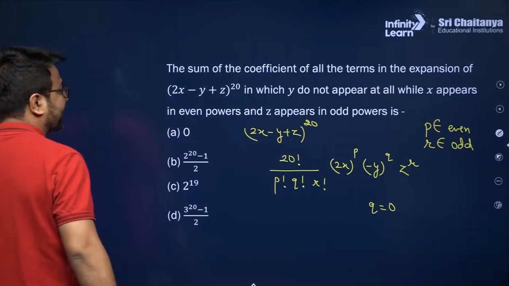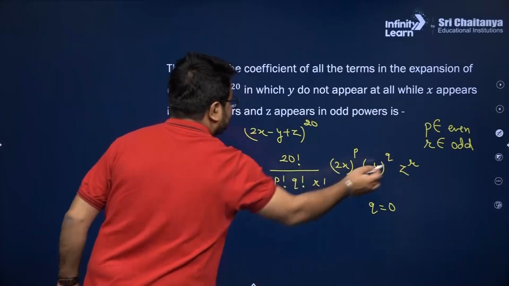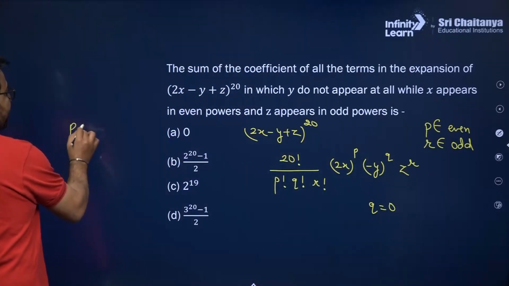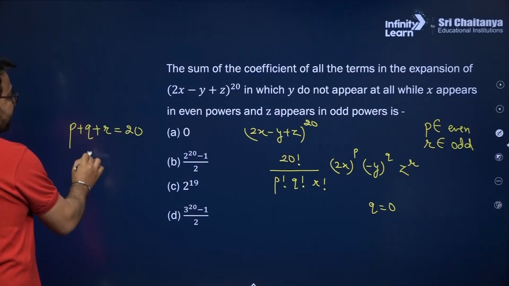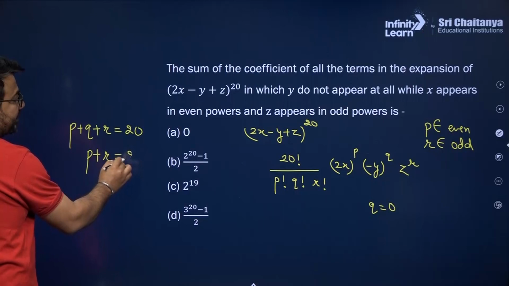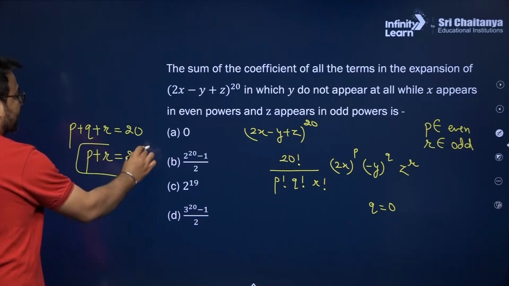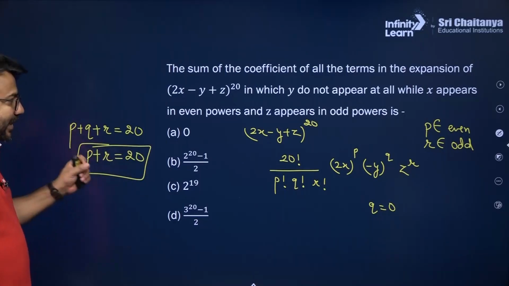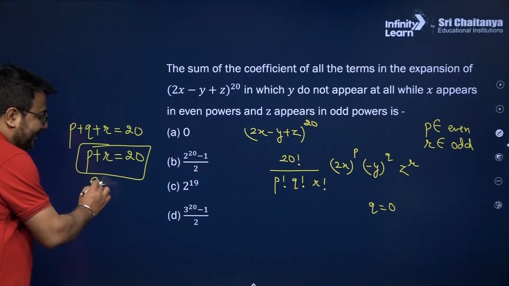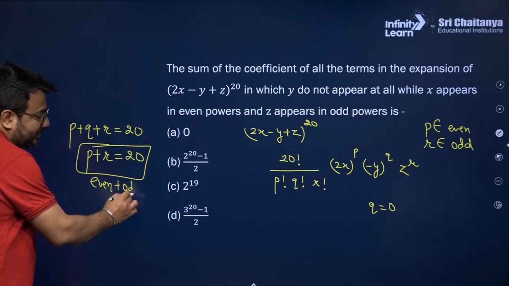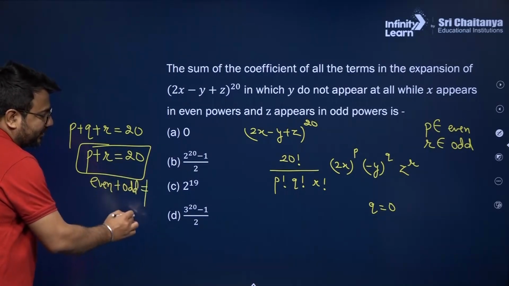We also need to take care that p plus q plus r should be equal to 20. If q is 0, then p plus r will be equal to 20. Now, if p is even and r is odd, do you think that even plus odd can be an even number?